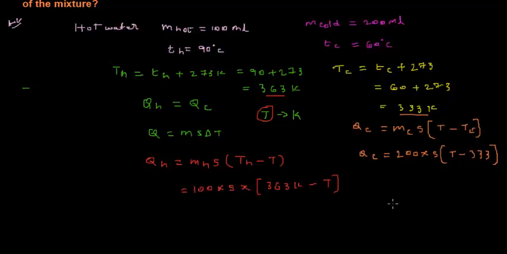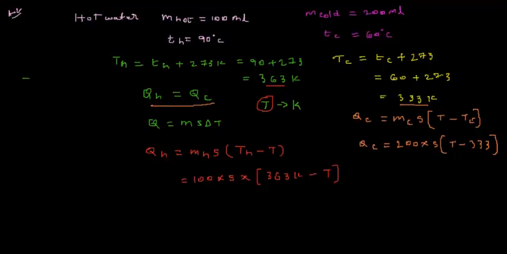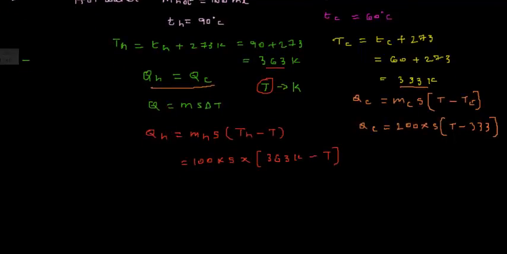Now, since we are assuming that the energy is not lost to the surroundings, heat lost by the hot water will be equal to the heat gained by the cold water. Therefore, this 100 into S into 363 minus T is equal to 200 into S into T minus 333.